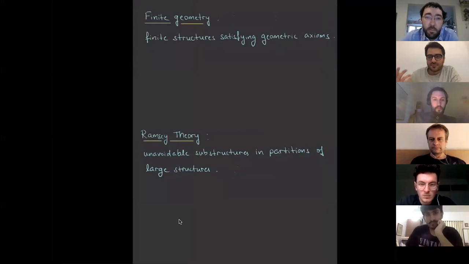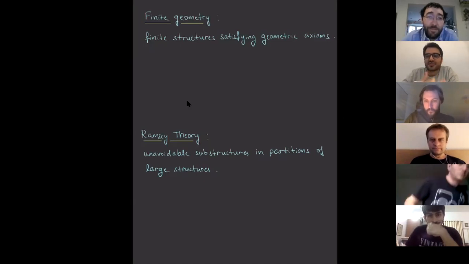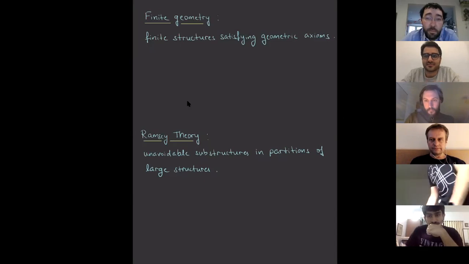So this course is about two topics basically and their interplay. One of them is finite geometry, which maybe some of you are experts in, and some of you have no idea about what this is. But it's essentially the study of geometric structures. So you have finite structures. I'll define what they are, but they always satisfy some sort of a geometric axiom.